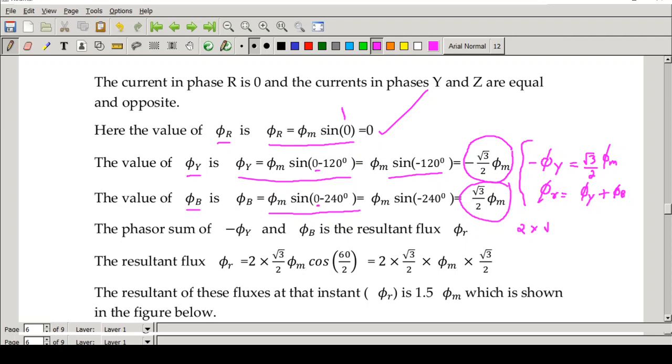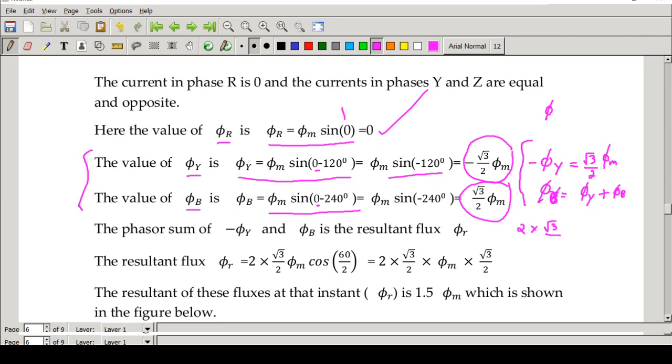What is the magnitude? Root 3 by 2 into phi m. Both the flux in the yellow phase and the flux in the blue phase have this magnitude. So the resultant flux phi r will be the sum of the yellow phase and blue phase.